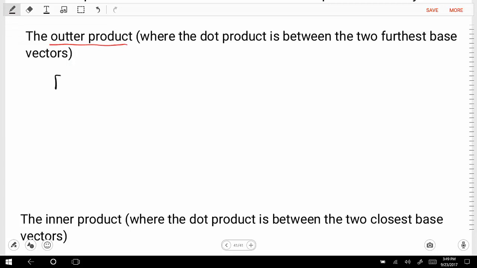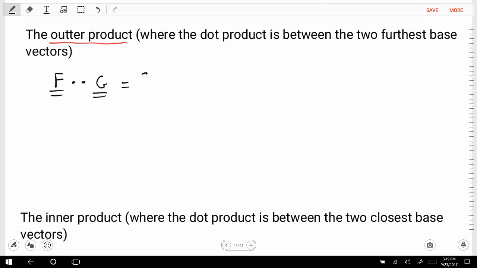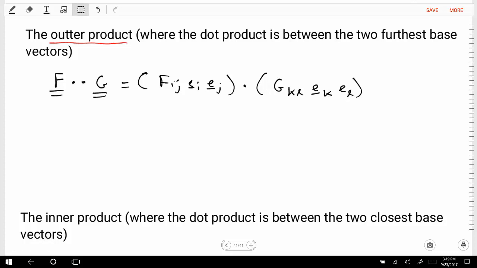So say we wanted to do the outer product of F and G. We'll denote it by 2 dots that are adjacent to each other. And then we would define, in brackets, F_ij base vector i base vector j, dot product G_kl base vector k base vector l.